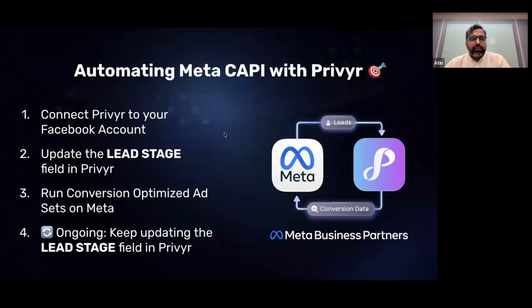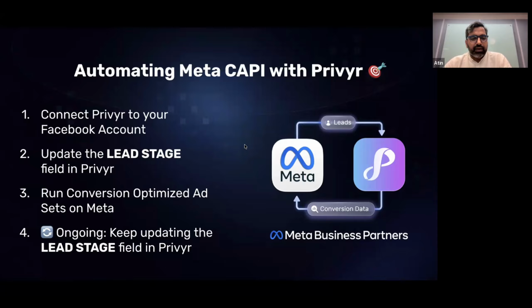In a summary, finally, there's only 3 things with a bonus 4th one. Connecting Facebook, very easy, a couple of tabs. Updating lead stages. We all do it maybe in spreadsheet, but now it's predefined in Privyr. Running conversion optimized ad sets on Meta. We are doing lead gen for quite some time now, so it's not a problem.